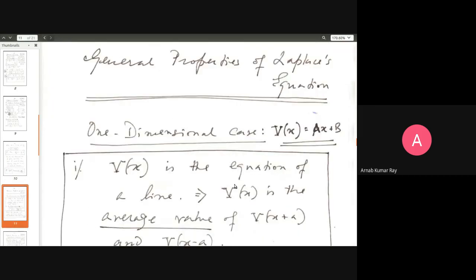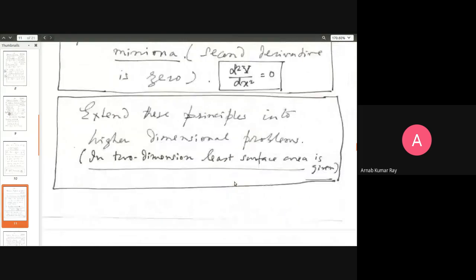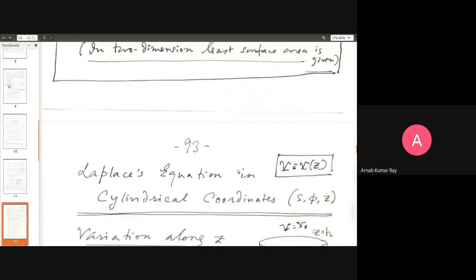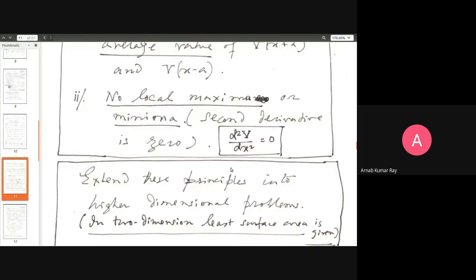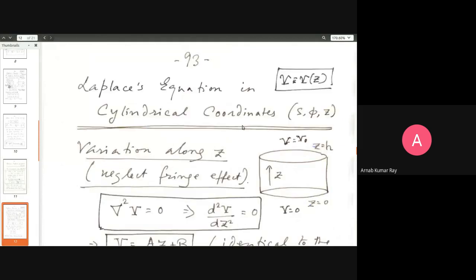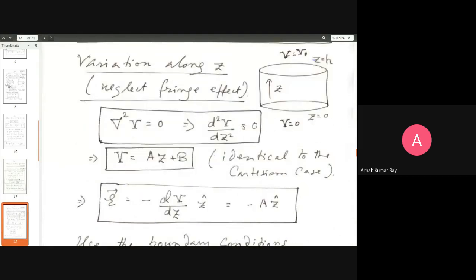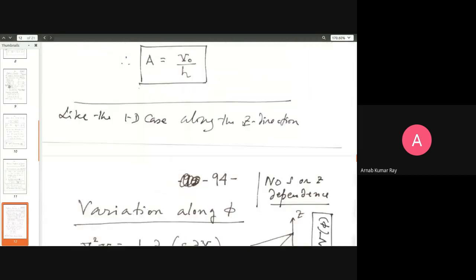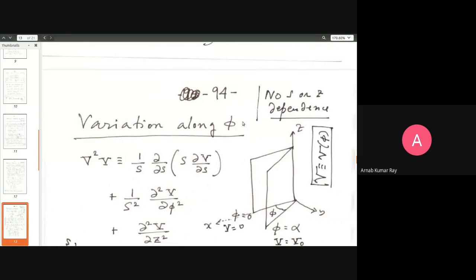Then we talked about certain general properties. I intend to send you some extra notes based on these general properties. Then we talked about cylindrical coordinates, s, phi, z system. In each one of them, we solved Laplace's equation for each of these coordinates.